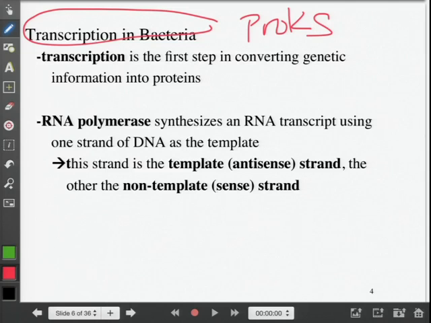Okay? So for 107, initiation is the main difference between transcription in PROCs and Euc. Elongation is the same, and elongation ends up being the same even at a higher level, so that one doesn't change. Termination, we're going to pretend is exactly the same. It's pretty much the same idea.